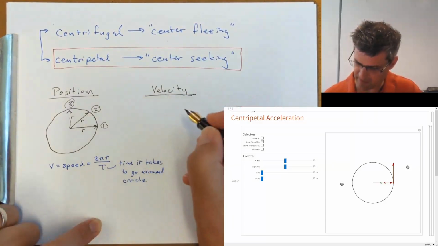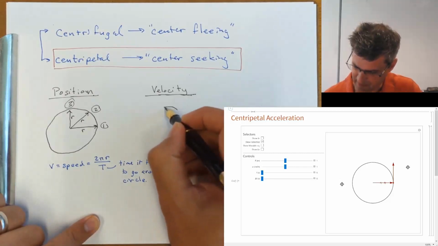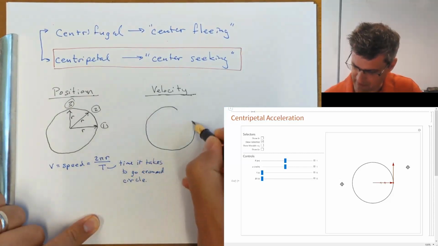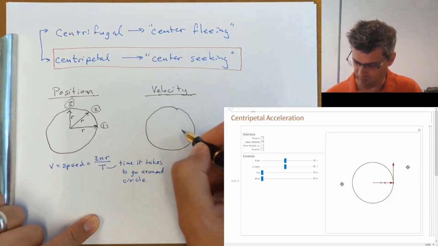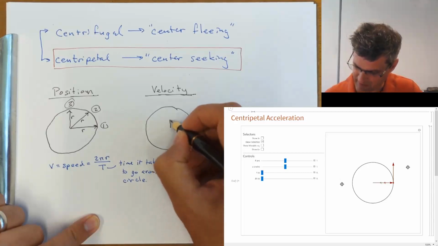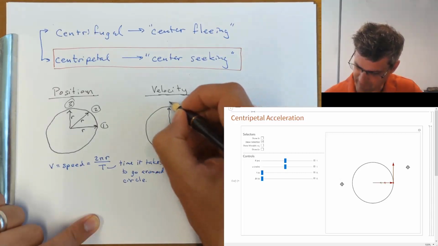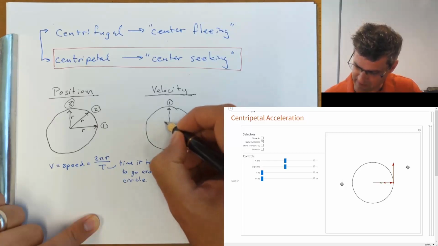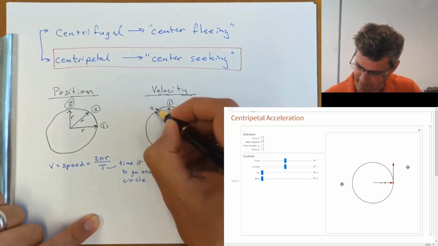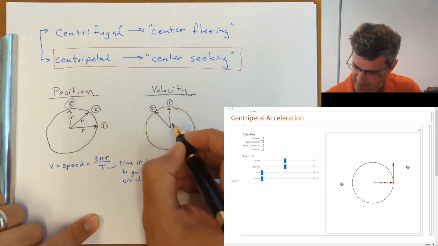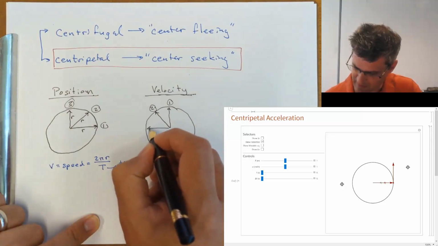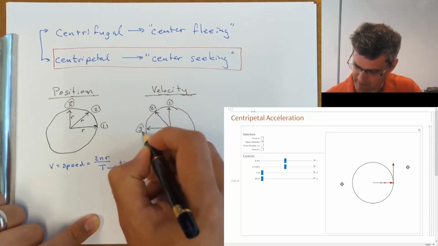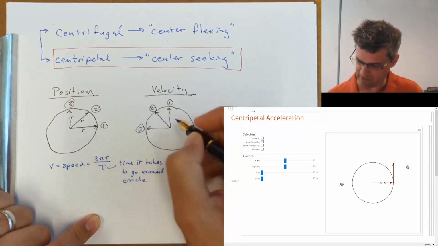So now we're looking at the velocity. I'm going to say that for time t1, the velocity was pointing straight up. For time t2, the velocity was pointing up and to the left. At time t3, the velocity was pointing straight in, like so.